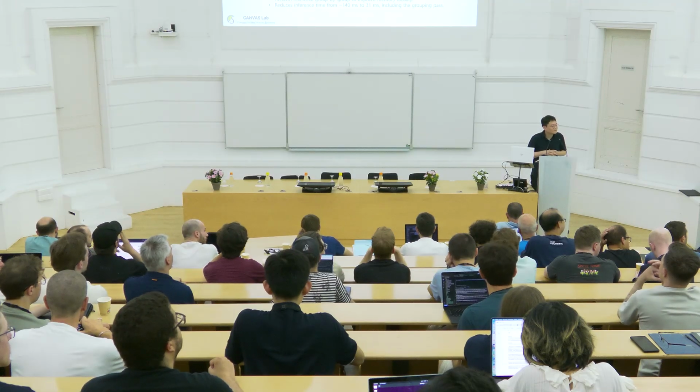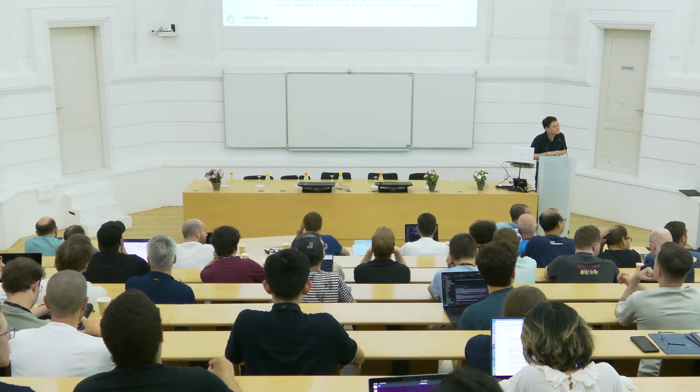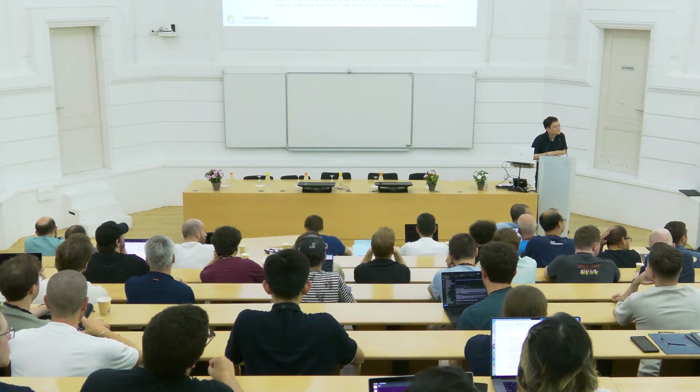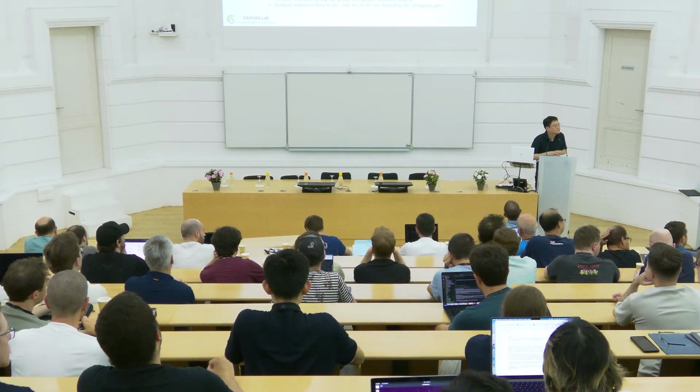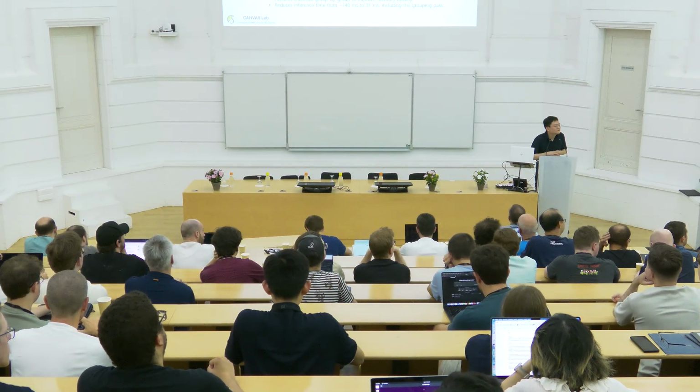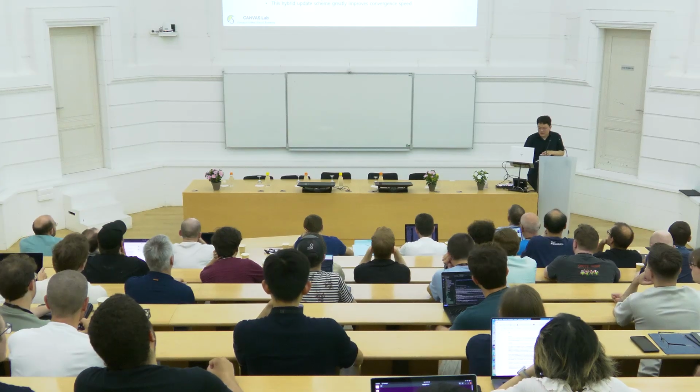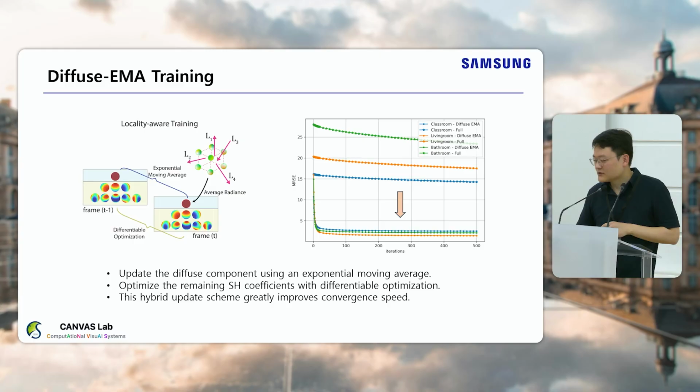Fair enough. Thanks. Second small question. Which order of spherical harmonics do you use, and have you noticed diminishing returns? How did you choose up to which order to go? So we only use second order, so we only use the 9 coefficients.